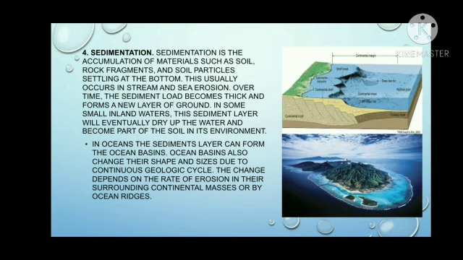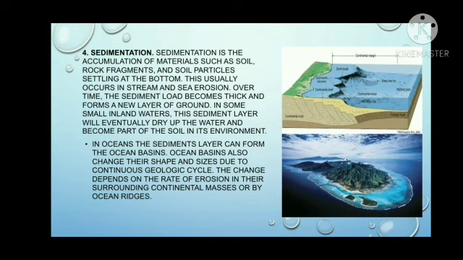This usually occurs in stream and sea erosion. Over time, the sediment load becomes thick and forms a new layer of ground. In some small inland waters, the sediment layer will eventually dry up the water and become part of the soil in its environment.